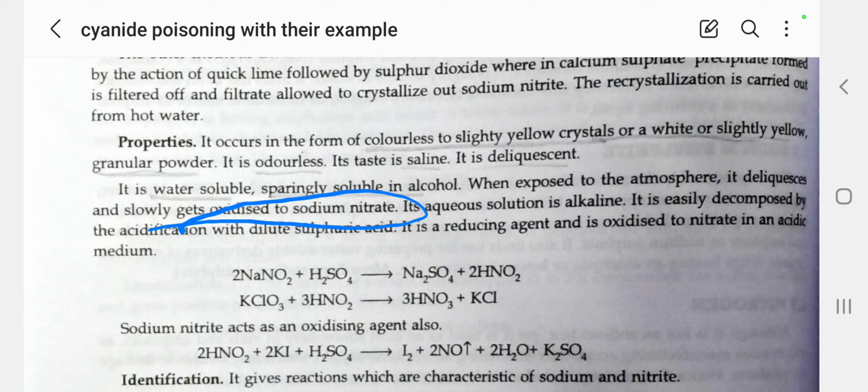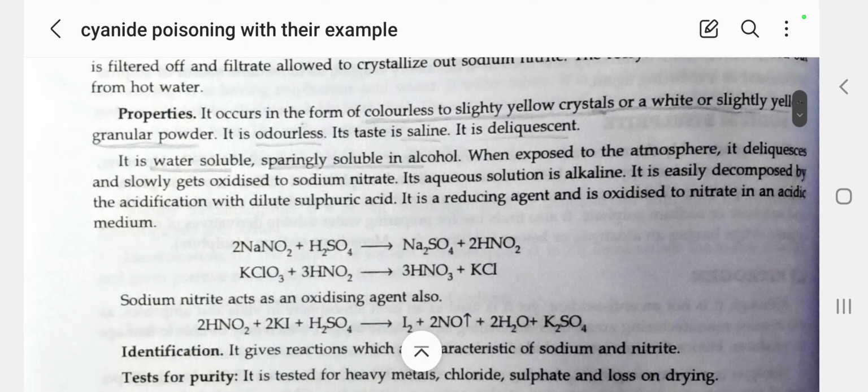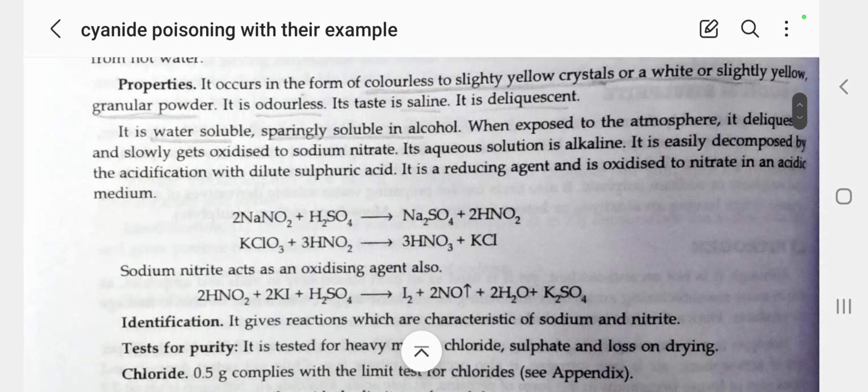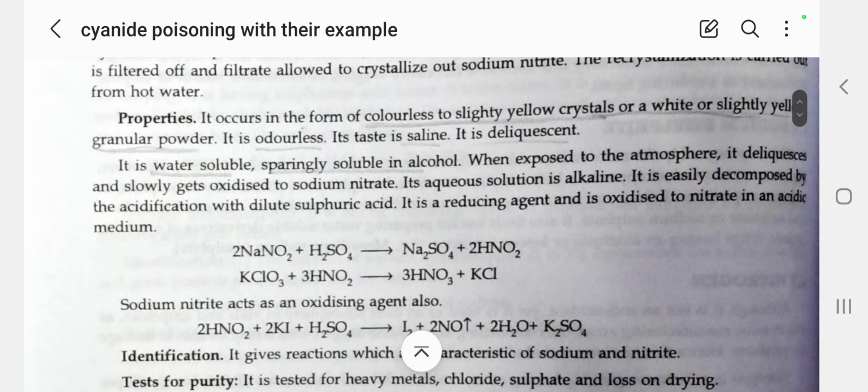Its aqueous solution is alkaline. It is easily decomposed by acidification with dilute sulfuric acid. It is a reducing agent and is oxidized to nitrate in an acidic medium. Slowly, one by one, we'll see the properties.